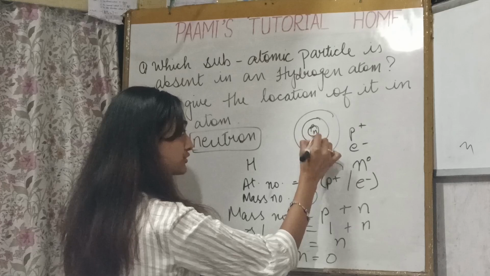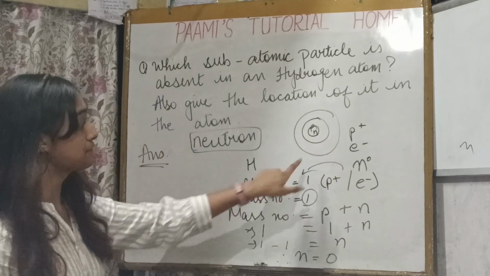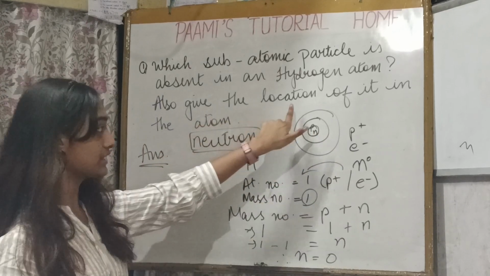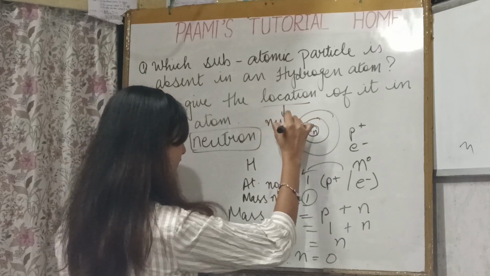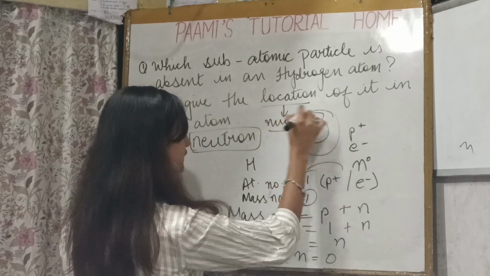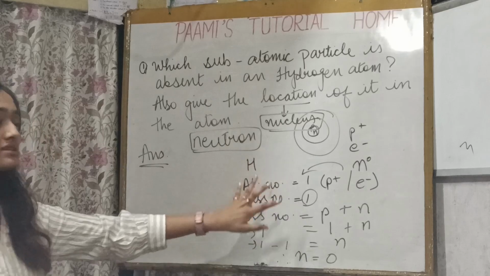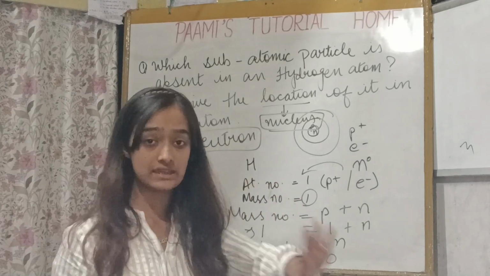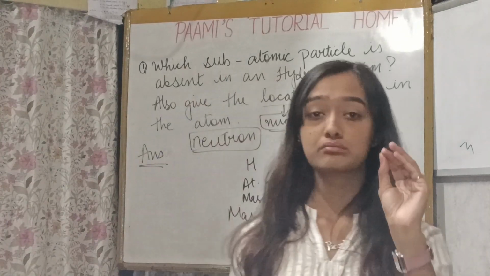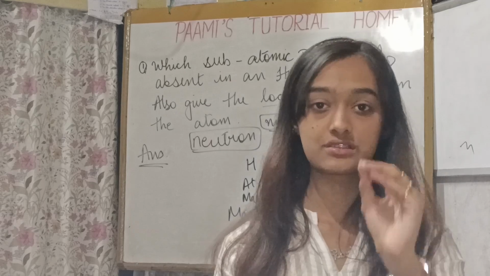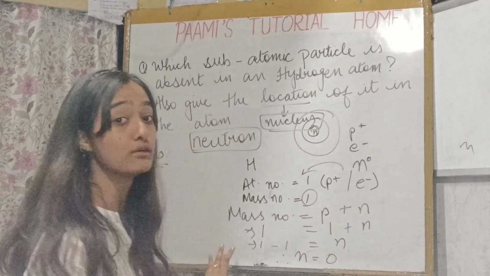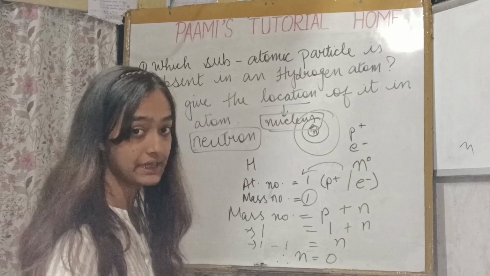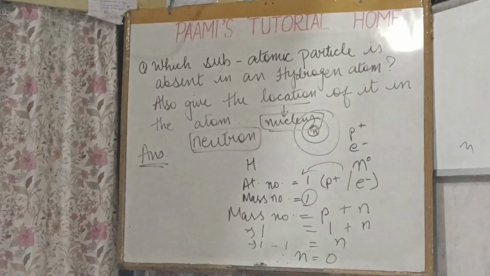Protons are here, neutrons are also here. So where is it found? What is the location? It is the nucleus. Okay, these are the two answers. See, the answers are very easy, very simplified, but you have to understand the chapter very well. Okay, very well. This chapter is also very scoring. Okay, now next question.